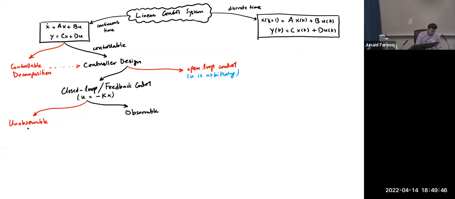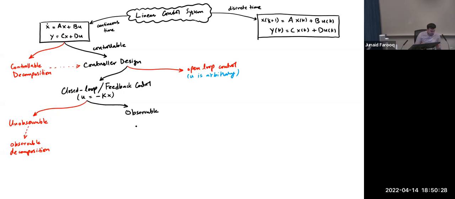So you could do an observable decomposition. These are all ideas from the first couple of lectures that we saw in this course, right? So what that means is you split up the system into multiple components, which are composed of states that are observable and states that are unobservable. And then based on the observable states, you will design an observer.